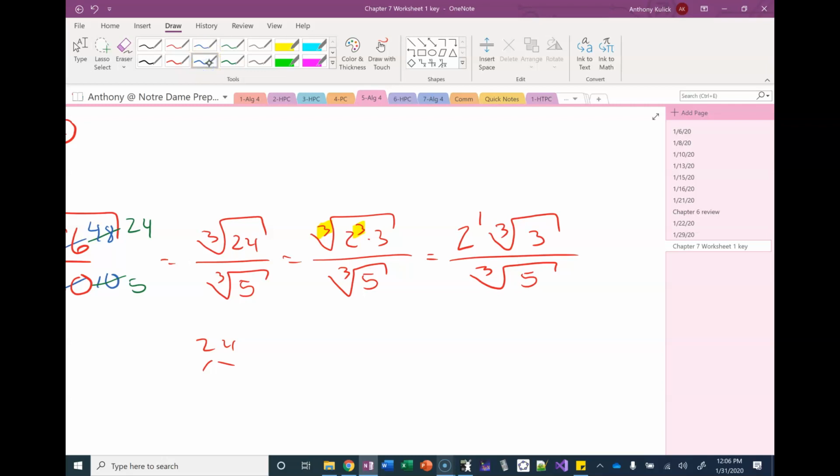So who remembers what we can do to get a radical out of our denominator? This would have been something you talked about last year in your geometry class when you talked about sine, cosine, and tangents. Let me help jog your memory.